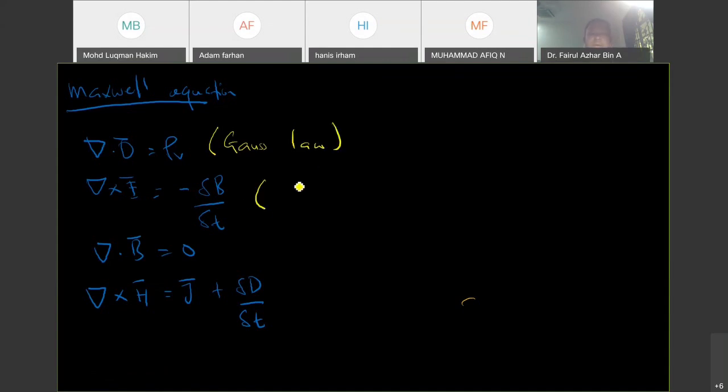The second is about Faraday law, which we will see in this topic. The third one is Gauss law for magnetic field, and this one will be Ampere's law.